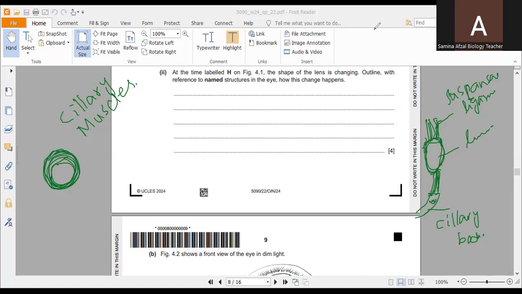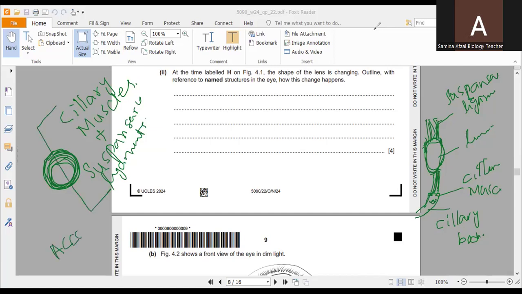And these are the ciliary body which contain these ciliary muscles. So ciliary muscles plus suspensory ligaments are responsible for accommodation of the lens.